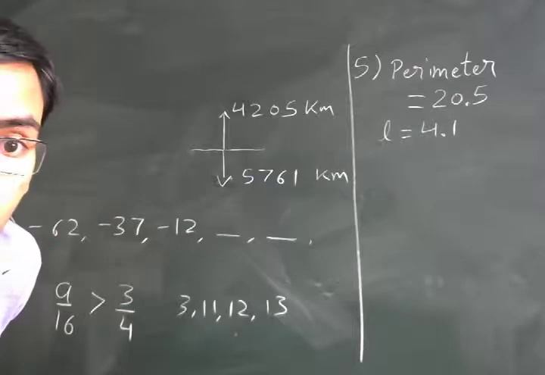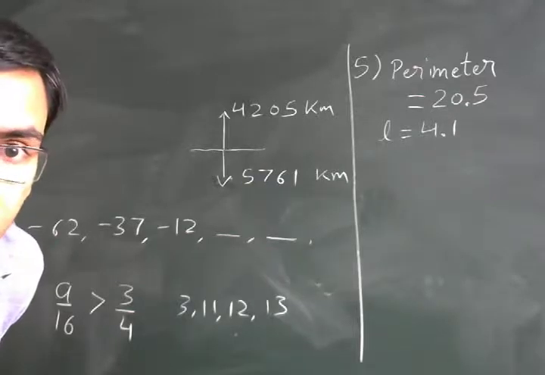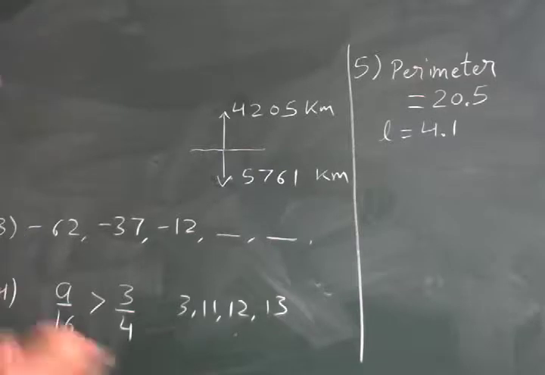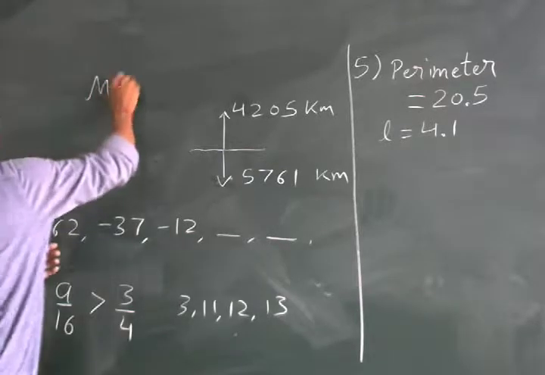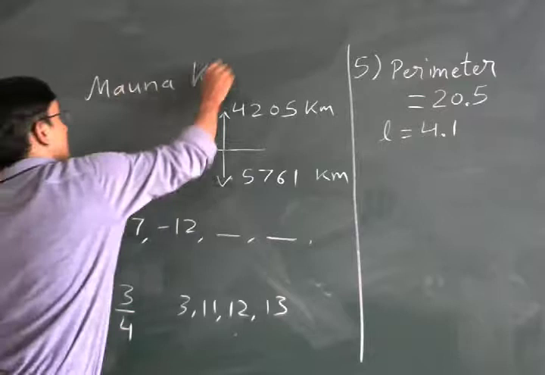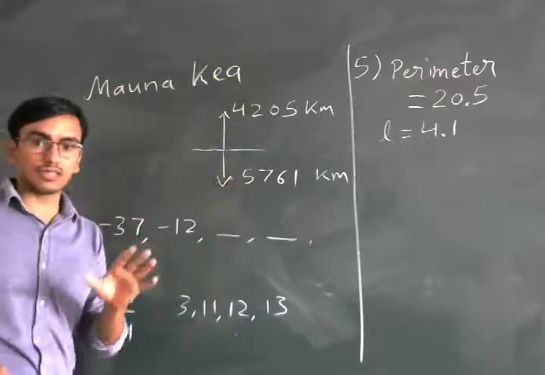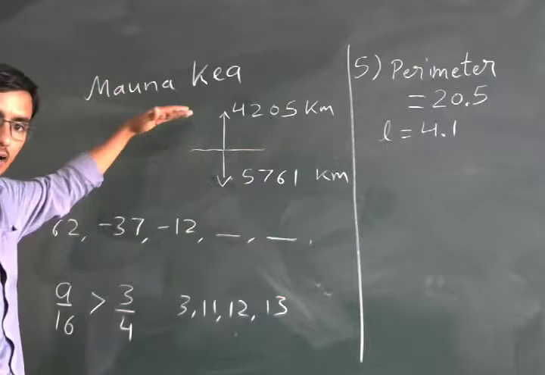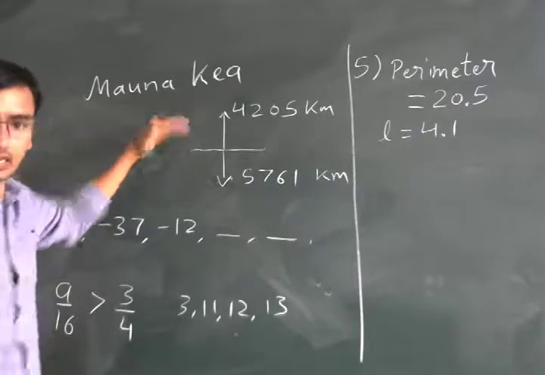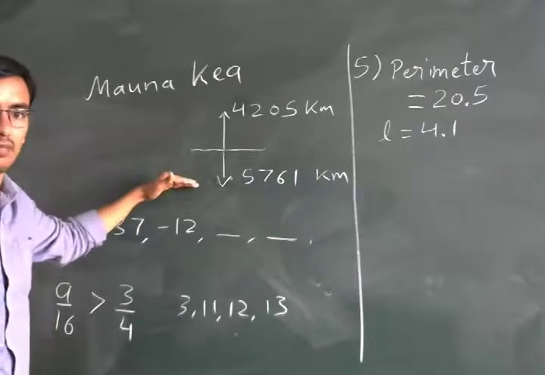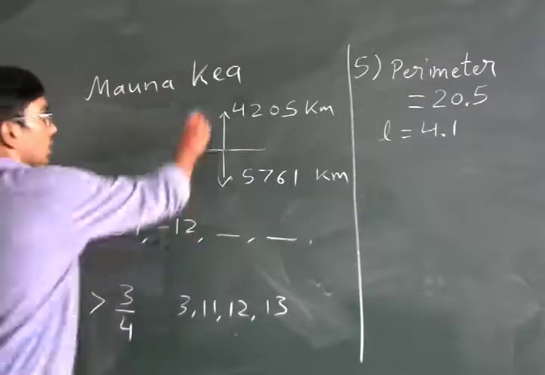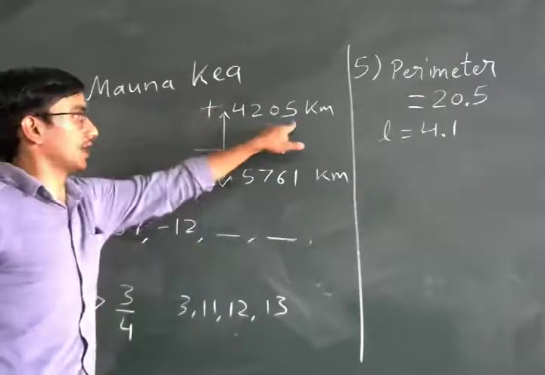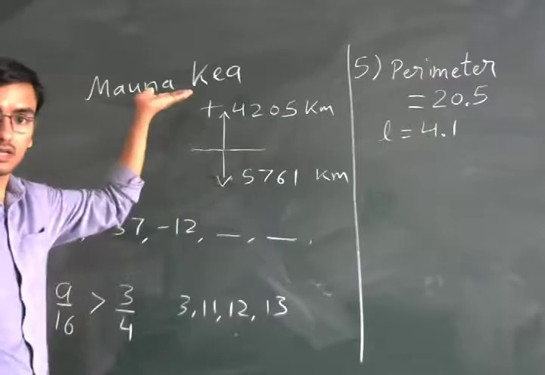Yes, Mauna Kea. So this mountain, Mauna Kea, is the largest mountain. See why? Because it has height above sea level and below sea level. Fine. How much above sea level? 4,205 kilometers above sea level.